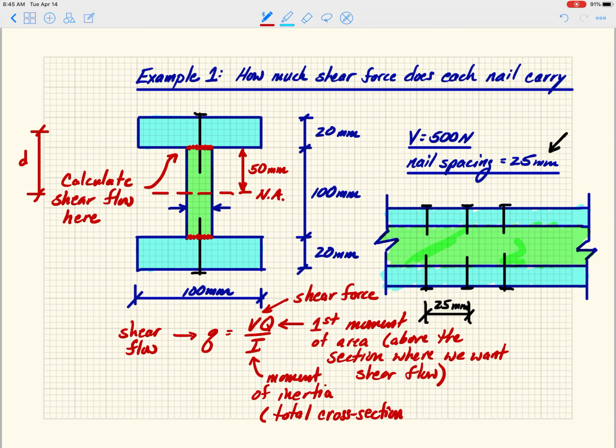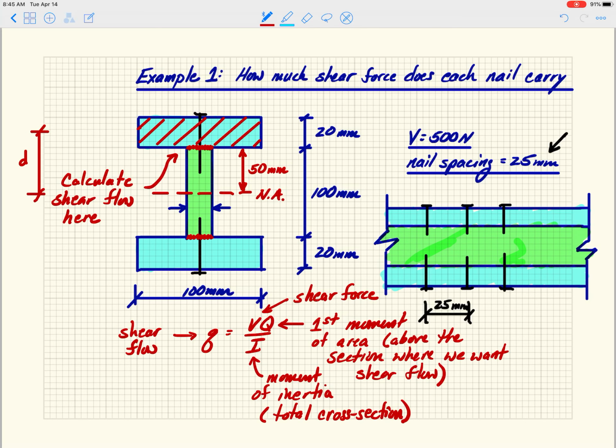So you can go back to the previous lecture and see where all of this comes from, right? So VQ over I is what we need, and the Q is going to be associated with this section here.